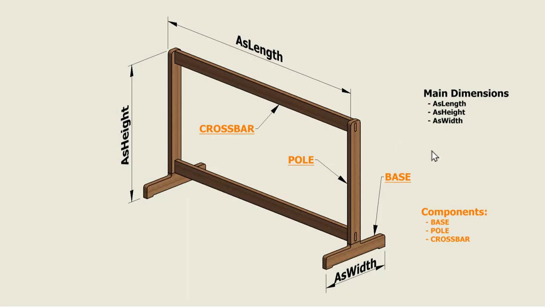You can download components, base, pole and crossbar by reading the last paragraph in the description of this tutorial. I have to present these components because we don't create them right now.